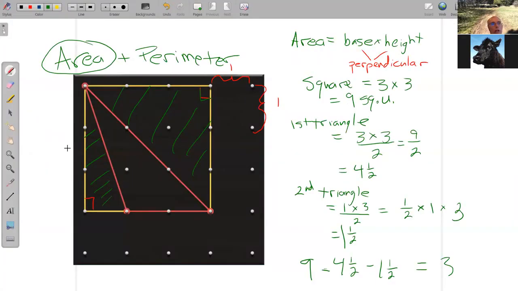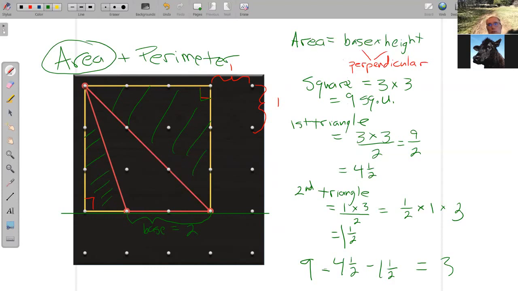So just note on this triangle right here, we have, let's do it in green, this baseline here at the bottom. And from that baseline, we could say this is the base length. And so we have a base length on the red triangle of 2 units. Then the height has to be perpendicular to the base.